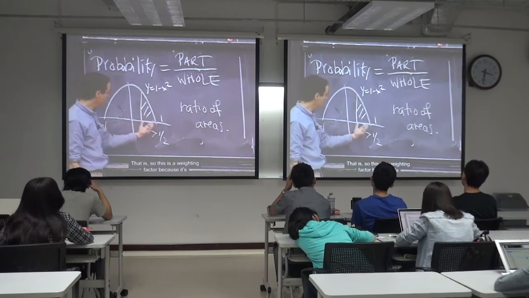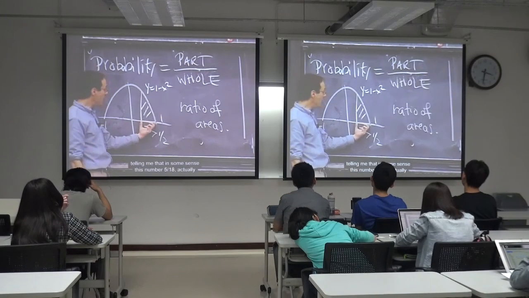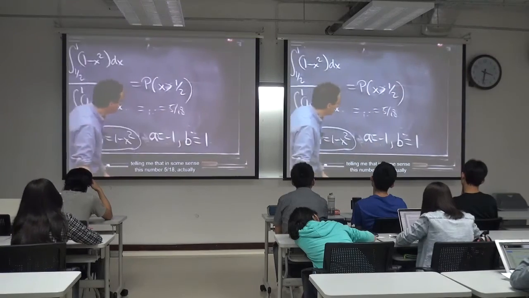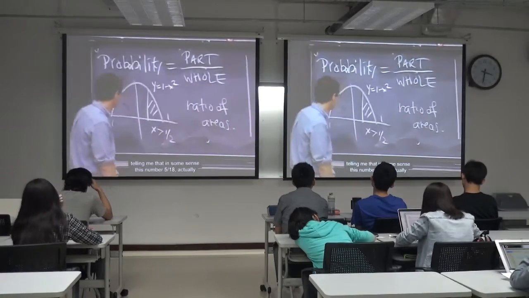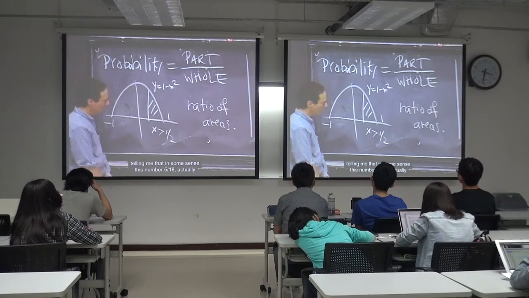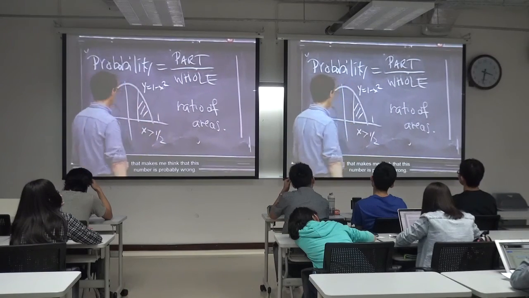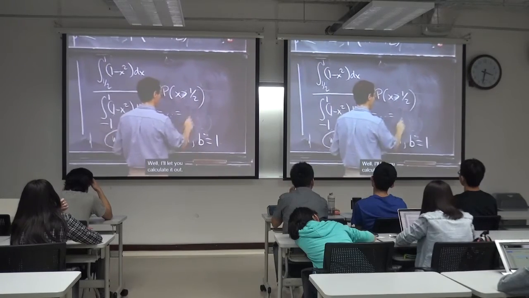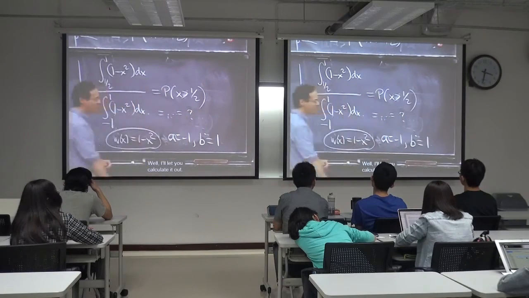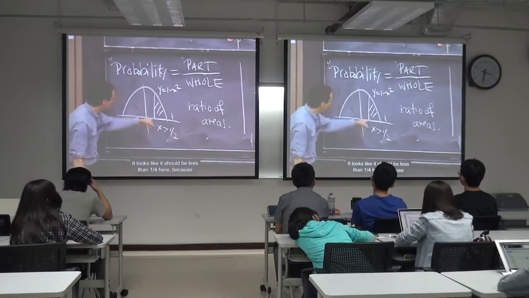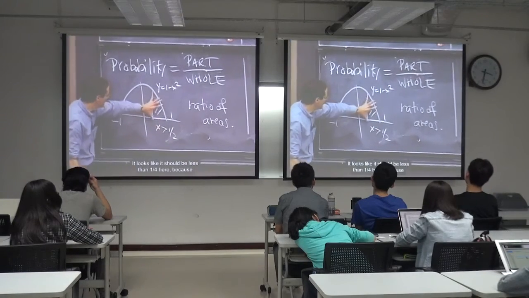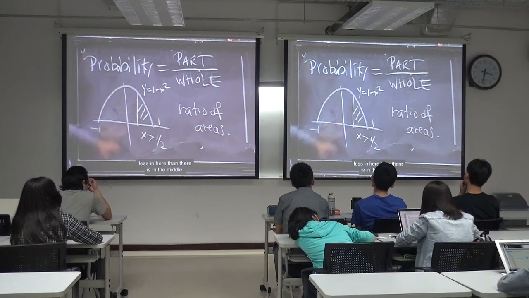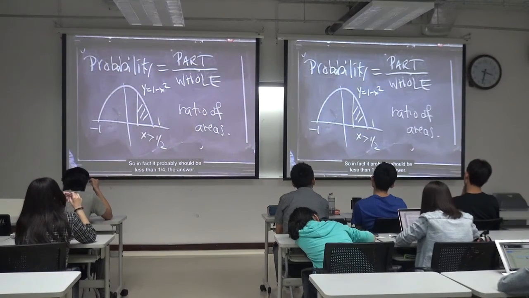So this is a weighting factor because it's telling me that in some sense, this number 5/18ths, actually, that makes me think that this number is probably wrong. I'll let you calculate it out. It looks like it should be less than 1/4 here because this is 1/4 of the total distance and there's a little less in here than there is in the middle. So in fact, the answer probably should be less than 1/4.